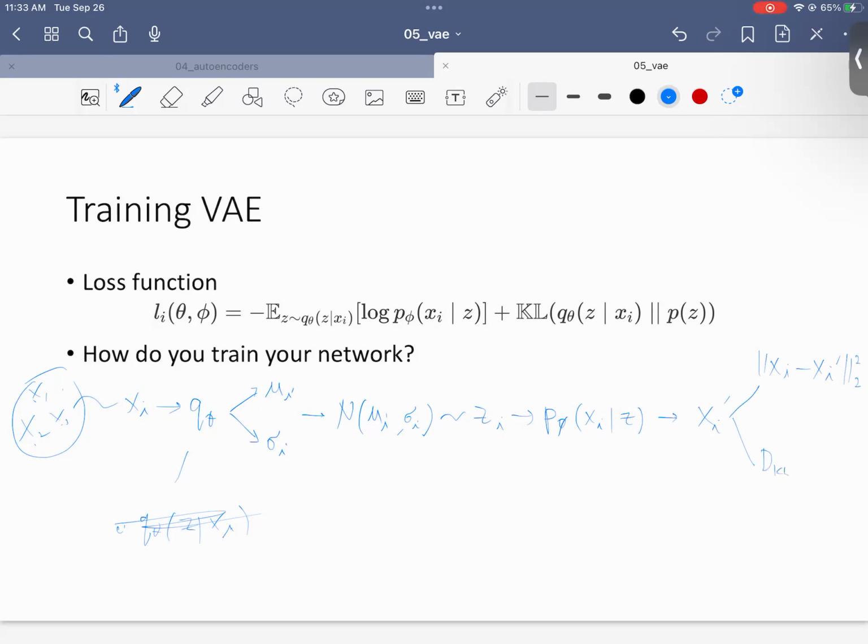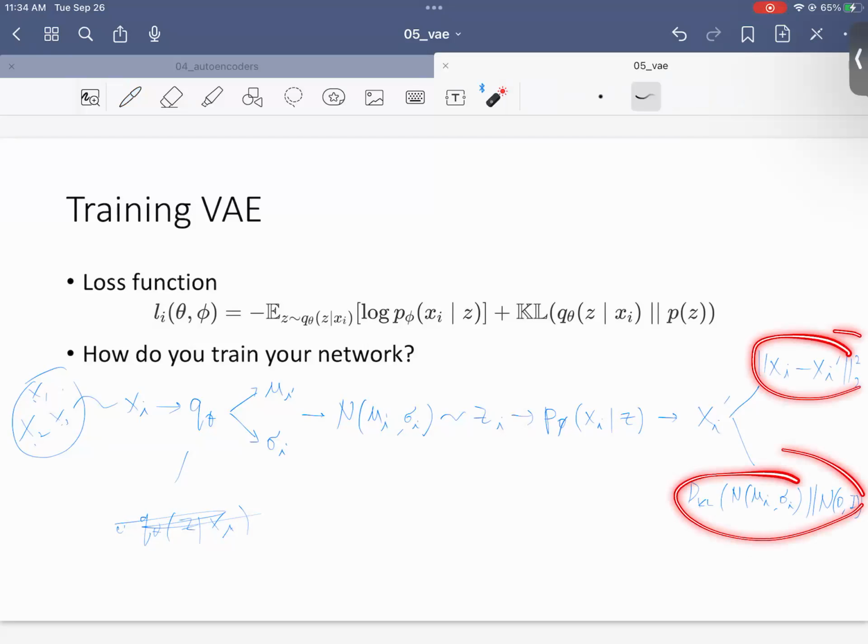So DKL should be between your mu I, sigma I, and Gaussian 0, I. So this is your loss number 1, this is loss number 2. And obviously we're using a neural network.